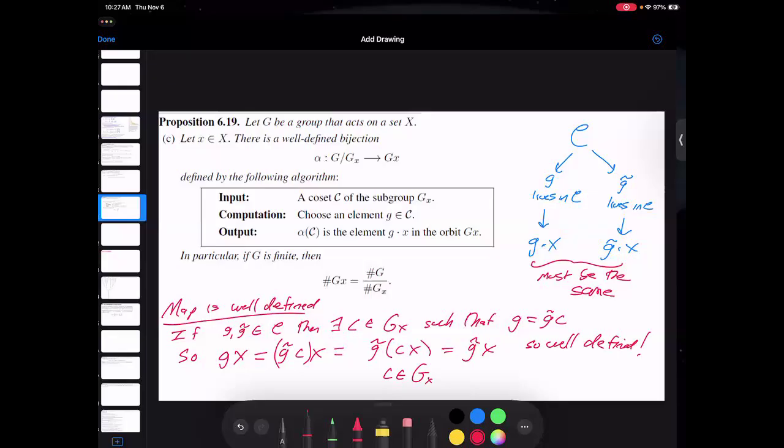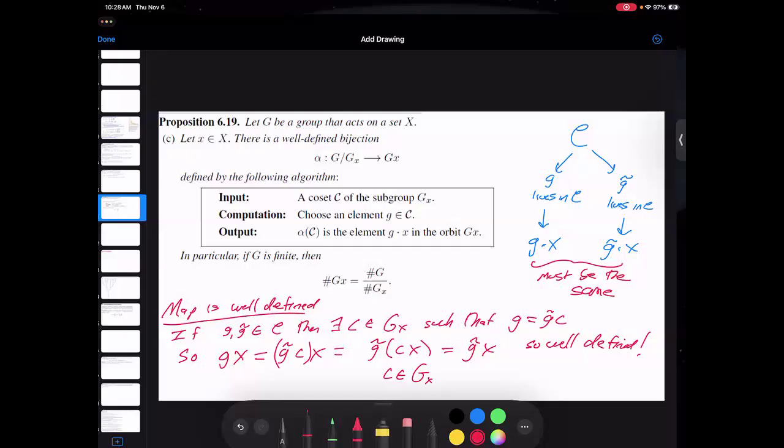So we are okay. If you have two elements in the same coset, then they differ by multiplication on the right by some element in the stabilizer. And since our coset is just all elements that leave X alone, then if I want to figure out what g acting on X is, that's the same thing as g tilde c acting on X. So g and g tilde don't have to be the same element, but they differ by some multiple on the right that's in the stabilizer.